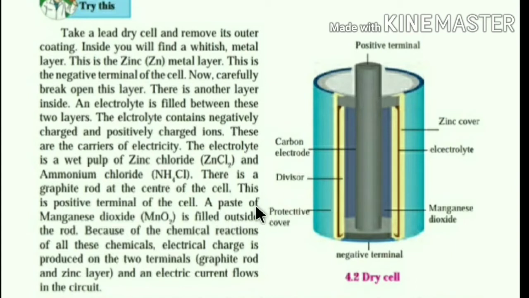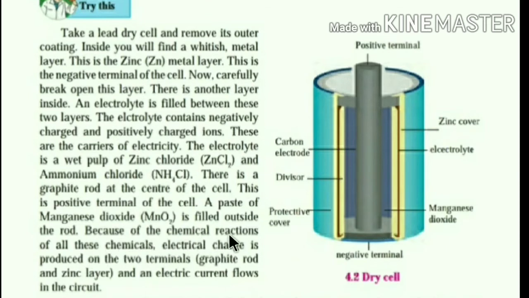A paste of manganese dioxide, chemical formula MnO2, is filled outside the graphite rod.